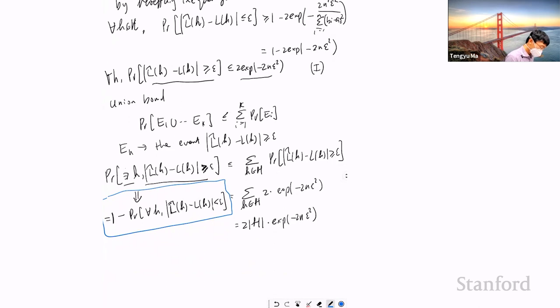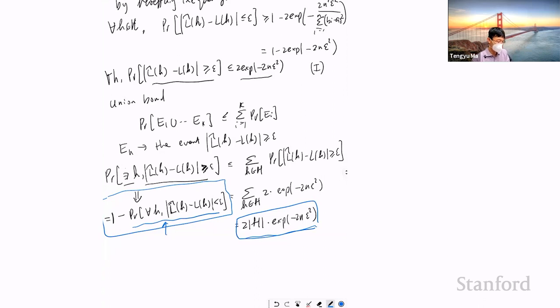Because of this, you can see that this is what we care about: for every h, L hat h is close to L h, and we are almost getting there. The only thing we need is to know what this quantity is. We need to upper bound this so that we can lower bound this probability. So now let's choose epsilon.